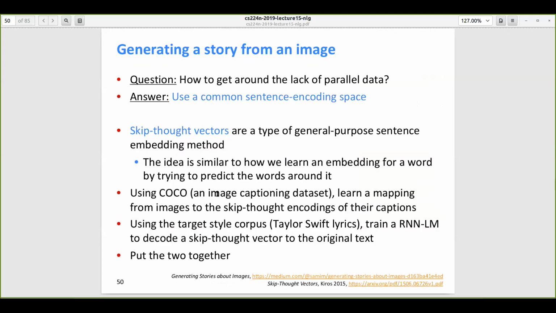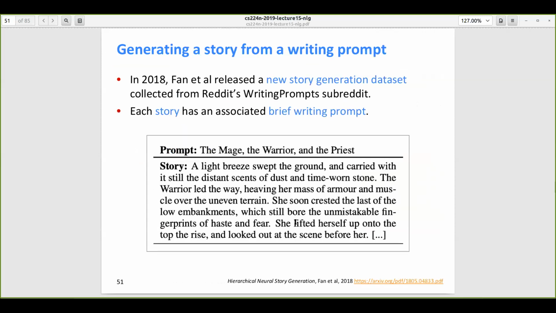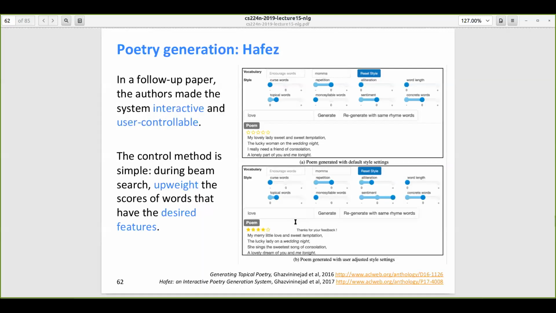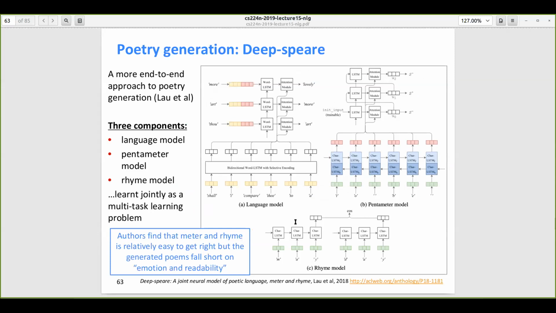So the Coco dataset is used, and the encodings are generated for the captions, and then using Taylor Swift lyrics, they trained an RNN language model that generates text based on this. So these are all some other examples. These were not really discussed in the lecture.